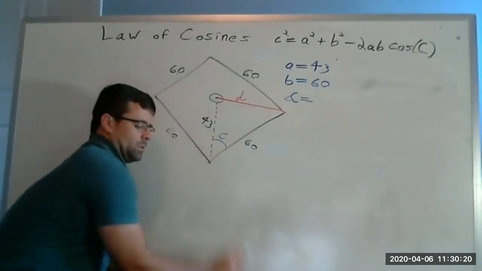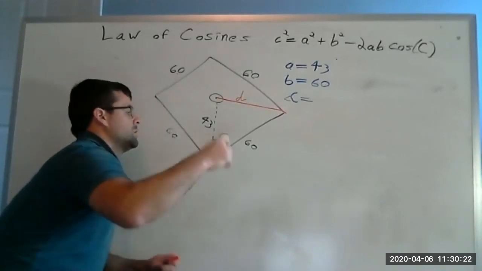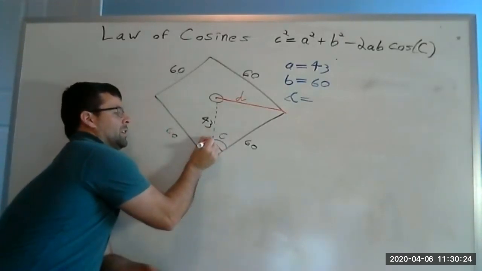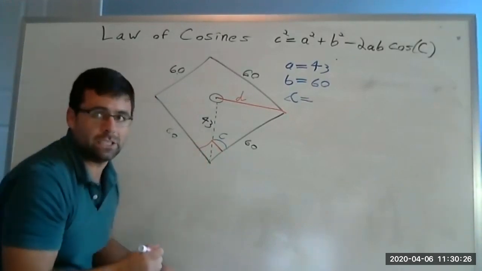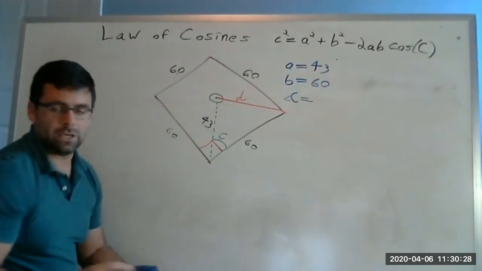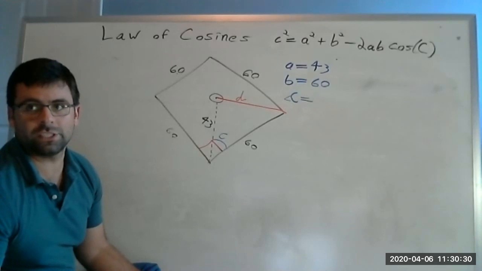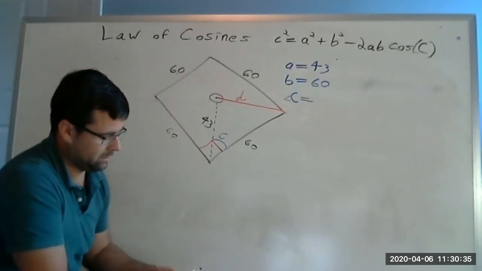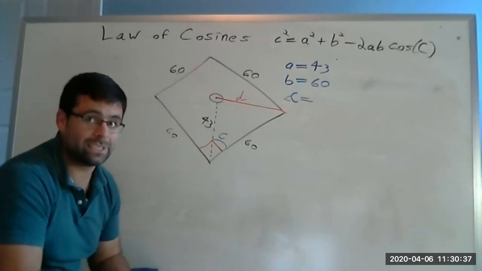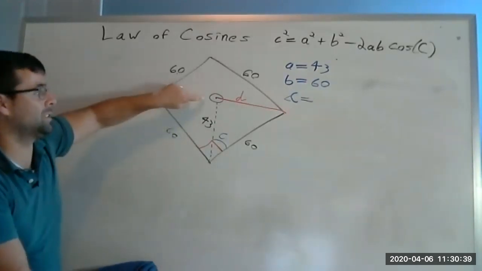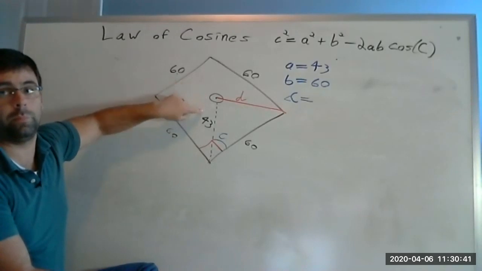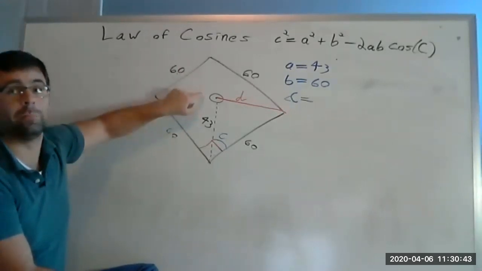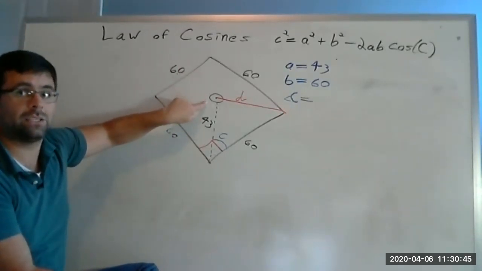So this angle from here to here is 90. So what does that mean about angle C? It's 45 degrees. It's 45 because the pitcher's mound isn't halfway back, front to back, but it is halfway left to right.